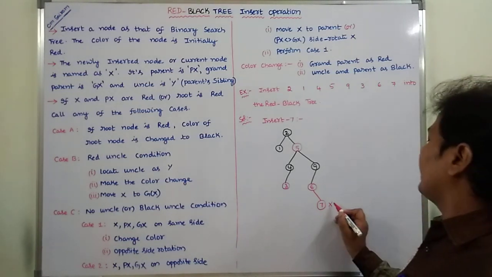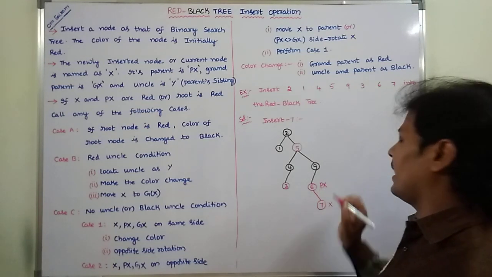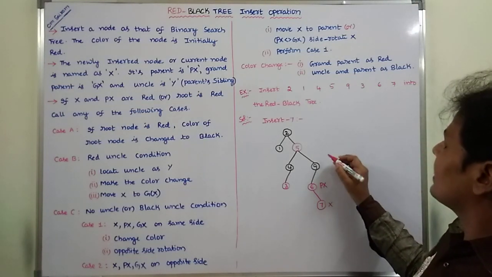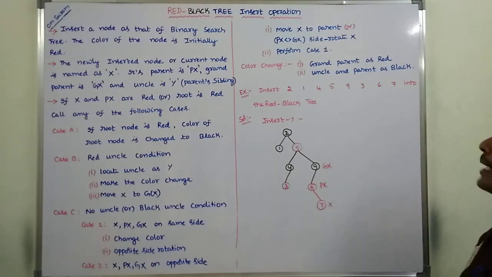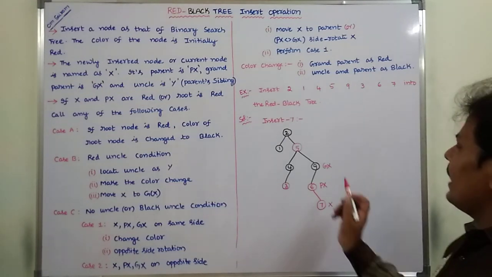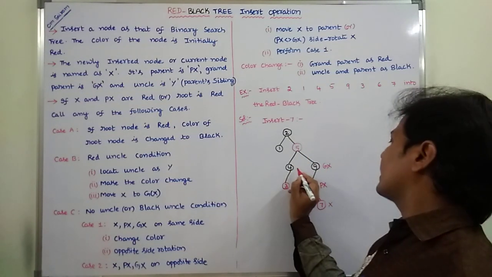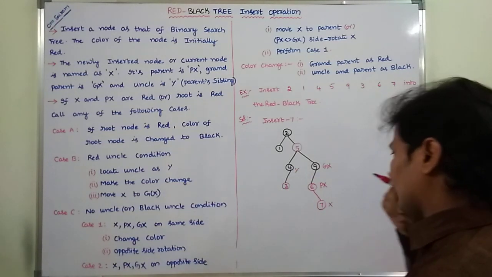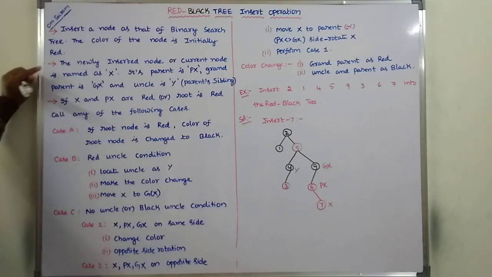Next, its parent is 6, denoted by Px, and its grandparent is denoted by Gx. And its grandparent's son or parent's sibling is Y. So go to this one.